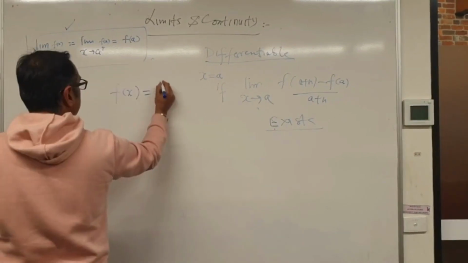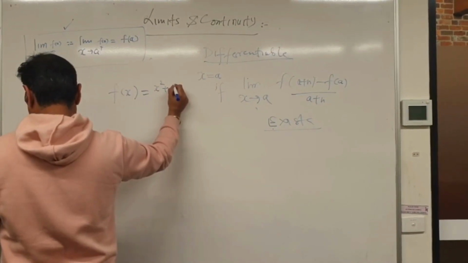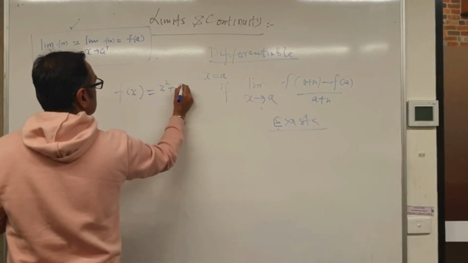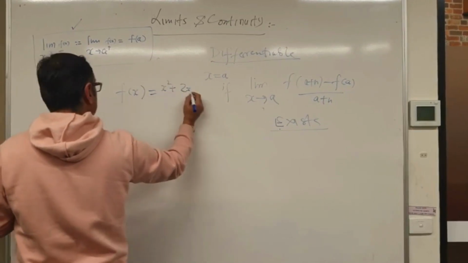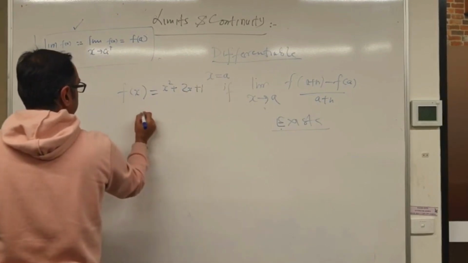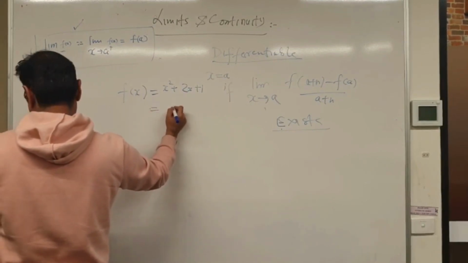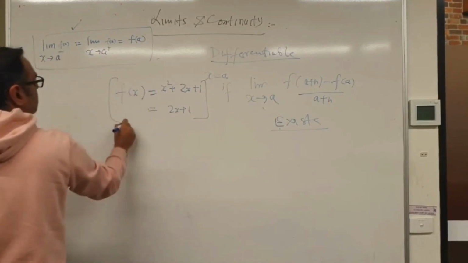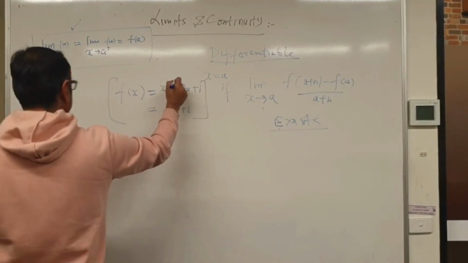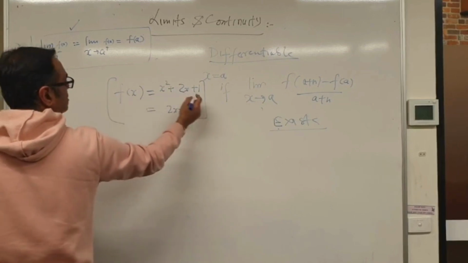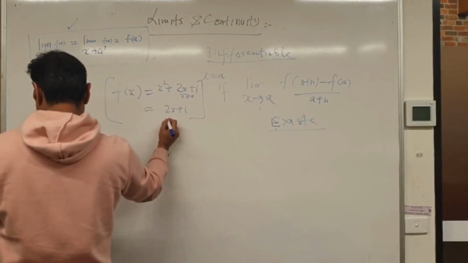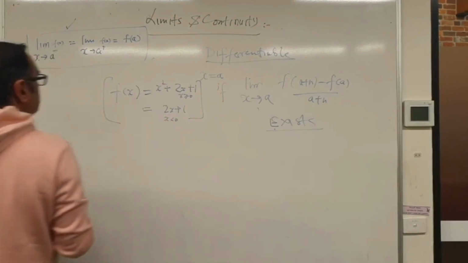Let's take x squared plus 2x, and I'll come back to what I just left. And this is 2x plus 1. You've got this function. The top condition is when your x is greater than or equal to 0, and the bottom condition is when your x is less than 0.